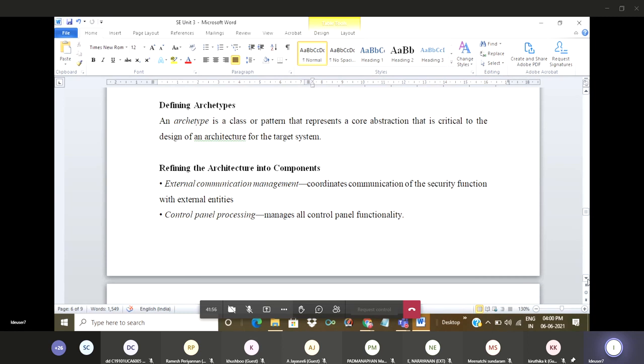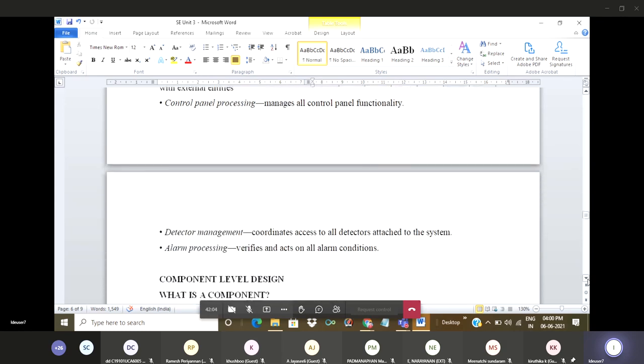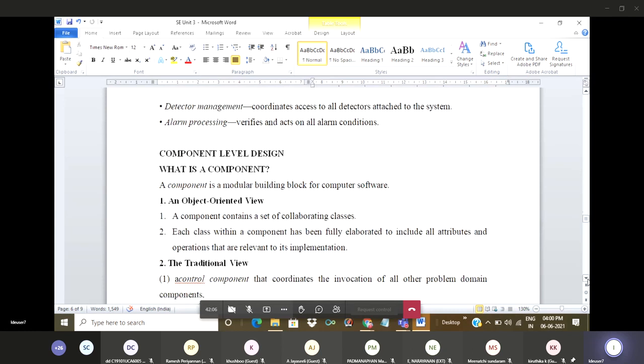Second is control panel processing, which manages all the control panel functionality. Then detector management, which coordinates access to all detectors in the system, and alarm processing, which verifies and acts on all alarm conditions. So after this, the title is over.